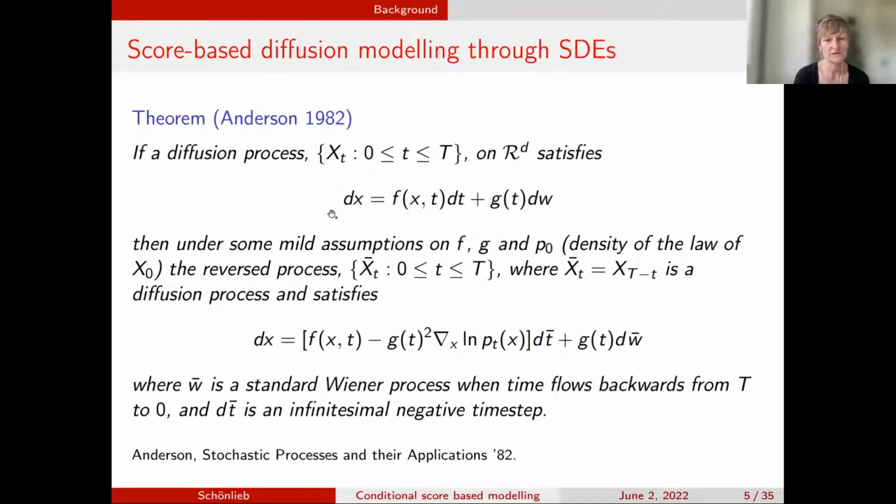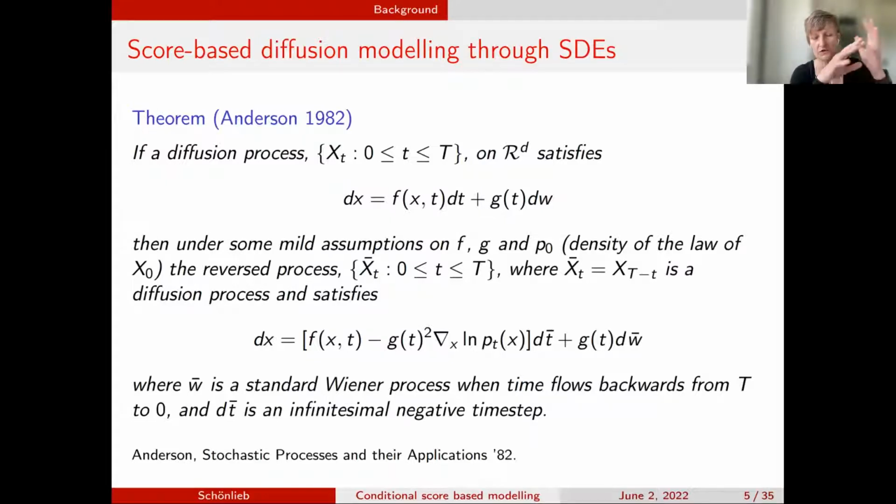You have a diffusion process, which is given here by this SDE, and under some assumptions on the coefficients F and G, and on the probability density function at t equals 0, you can write down a reverse process for this diffusion process that is again a diffusion process, and that is given by this SDE over here, where in order to derive this reverse diffusion process, you need access to the gradient of the log density function.